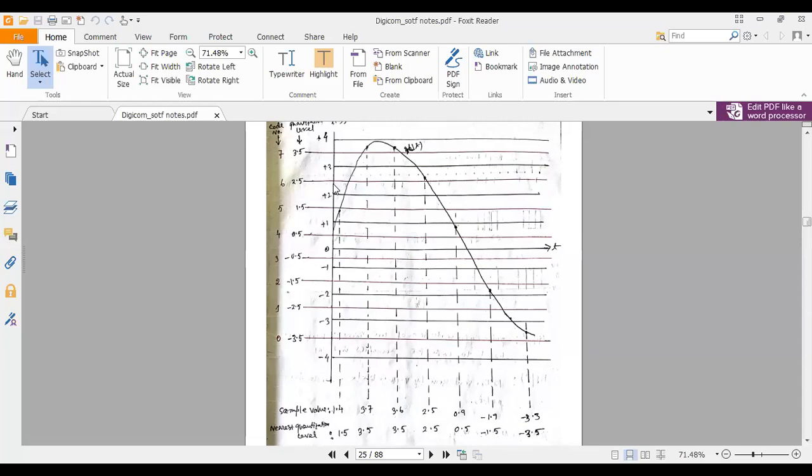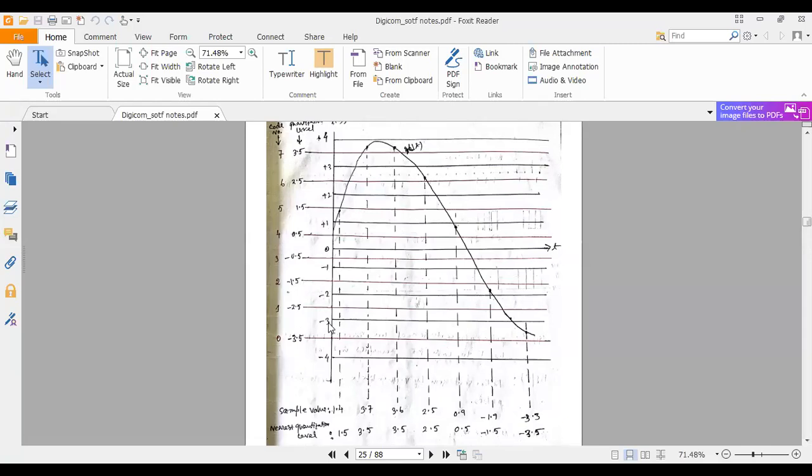Accordingly, we have placed all 8 quantization levels and found their corresponding voltage levels. The first one is at -3.5 and the last one, the 8th quantization level, is at 3.5. Accordingly, the middle quantization levels are placed by maintaining a 1 unit gap between two.